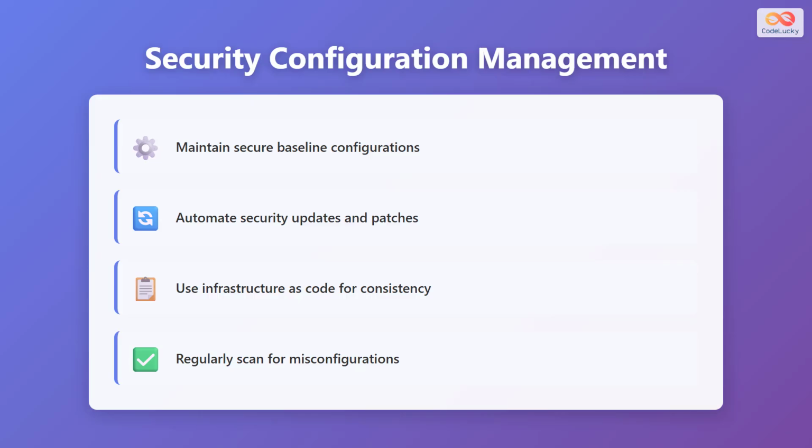Use infrastructure as code to define your cloud resources and their configurations in version-controlled templates, ensuring consistency across environments and making it easier to audit and replicate secure configurations. Regularly scan for misconfigurations using automated tools that identify security weaknesses like overly permissive access rules, unencrypted storage, or exposed services. Proper configuration management eliminates one of the most common sources of cloud security breaches: human error and inconsistent settings.